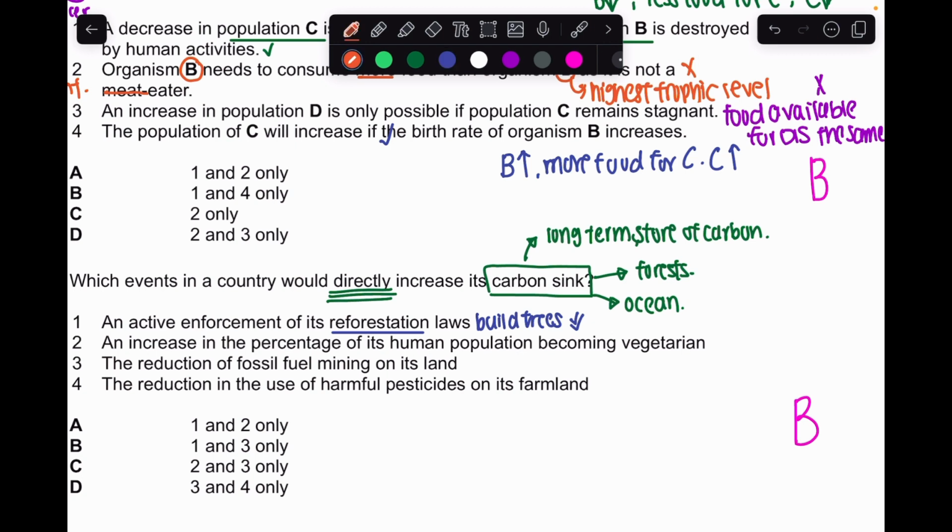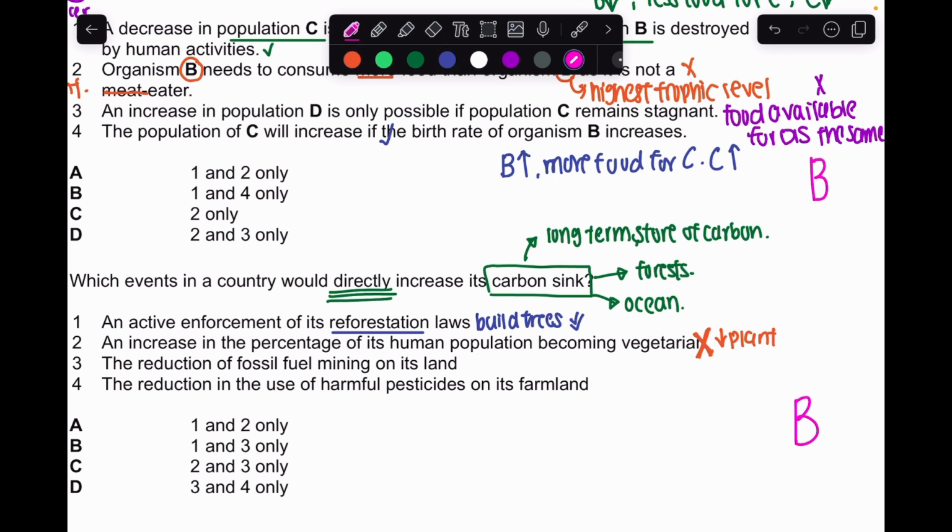So if everybody becomes vegetarian, then we will probably have lesser plants available, right? If there's lesser plants, then it's likely that carbon sinks are going to shrink. Not only that, if you have more vegetarians, then probably the forests are going to get depleted. So this is unlikely to cause an increase in carbon sink.